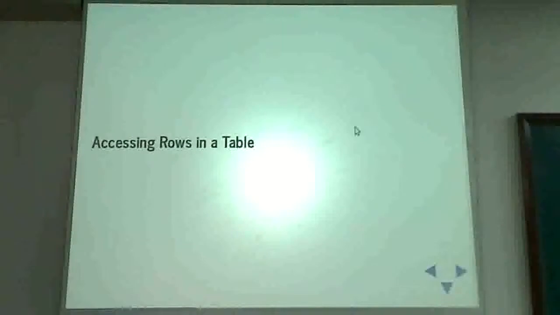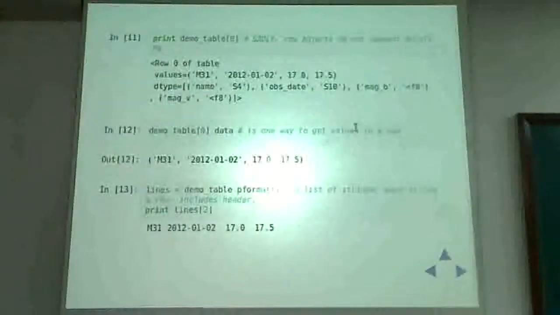Now for rows, if you wanted to access a single row, you would say print demo table 0, but you would get a very awkward output here. I don't know if this has been fixed in the very recent version of AstroPy, but if you want to get a clean representation of your row, you have to do some roundabout things. One way to do it is demo table 0.data, for example.